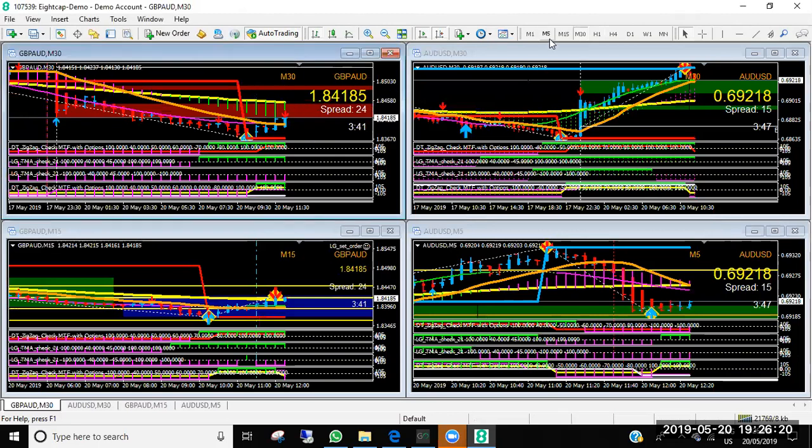Let's change that to M5 so we can have a look while we still have the M15 there, so that we have a static one to compare with those other time frames.